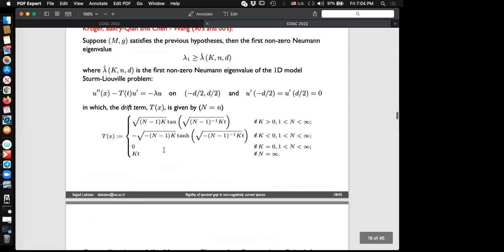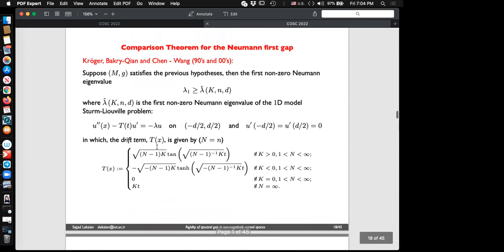So how would one go about proving such a comparison principle? Well, it's a very hard task, but the gist of the first step would be to say, if you take an eigenfunction of this Sturm-Liouville type problem and you compose your eigenfunction u with the inverse of this eigenfunction, then the gradient of that function would be less than 1.